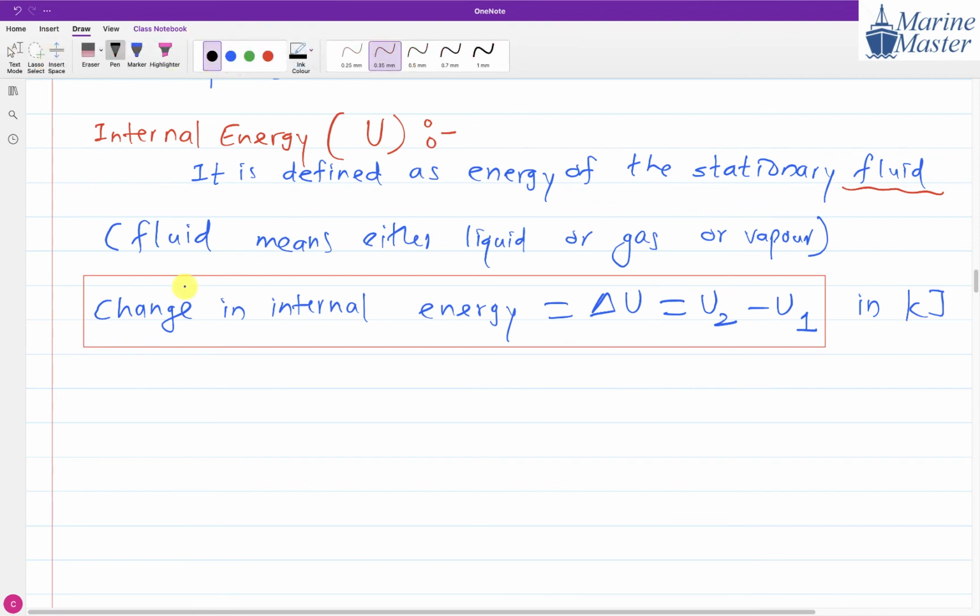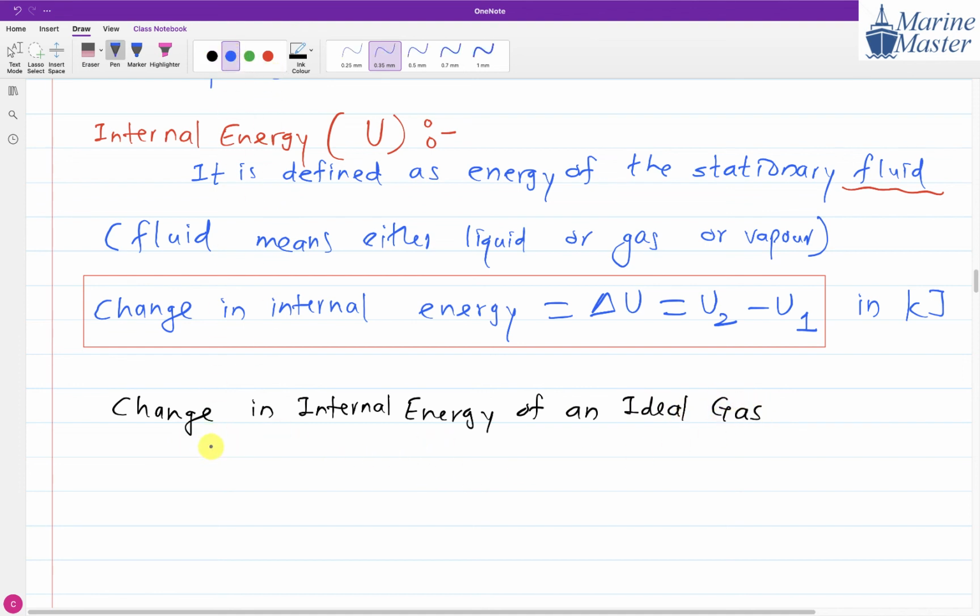Now suppose our target is to find the change in internal energy of an ideal gas.